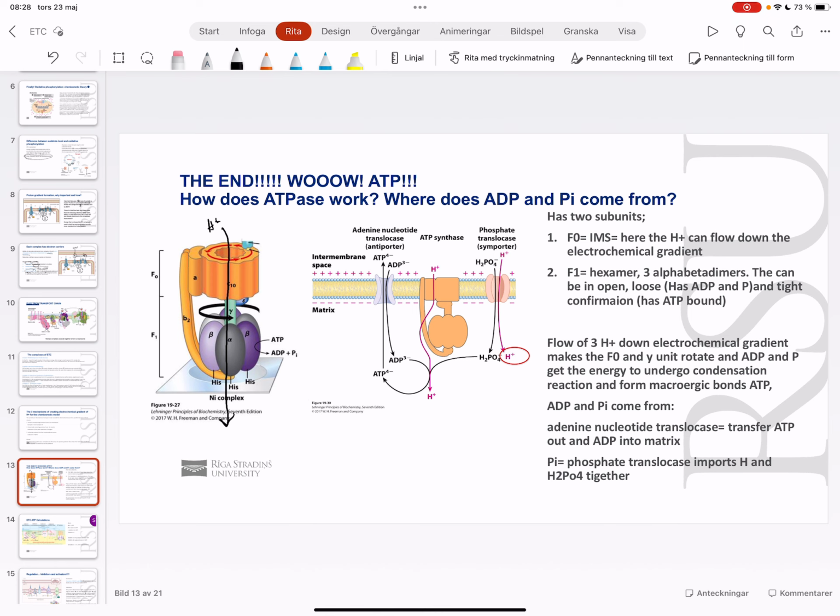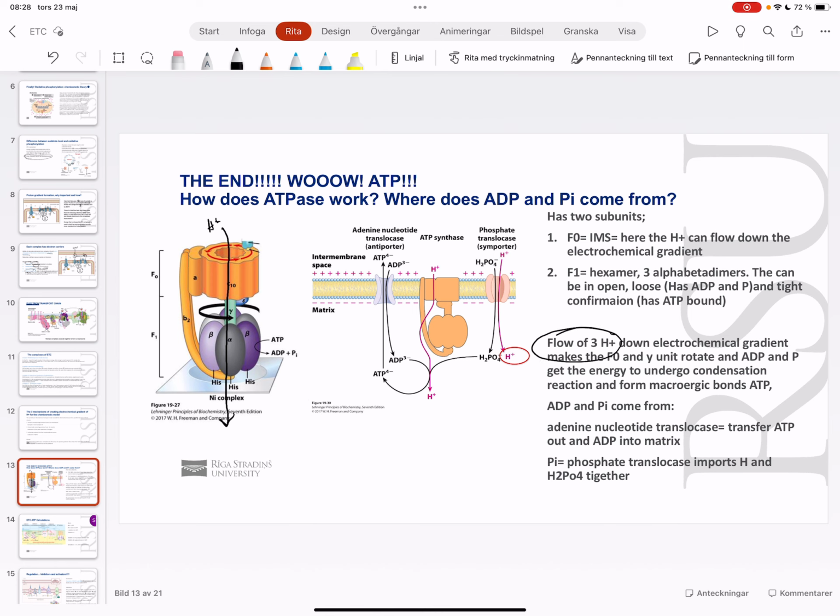If they're in loose, they have ADP and inorganic phosphate bound, but they don't have any ATP, like the production of ATP hasn't occurred. And tight conformation is when ATP has been created, when it has been bound. So this is important to know.